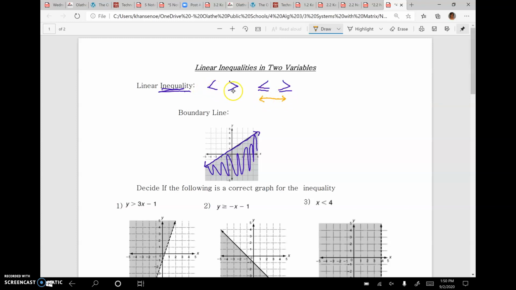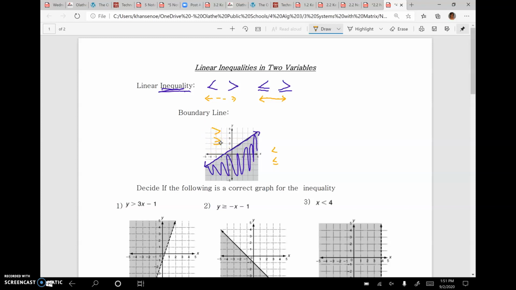If it's less than or greater than, that is a dotted line. Because I'm shaded below, that means it would be less than or equal to. This up here would be greater than or equal to.